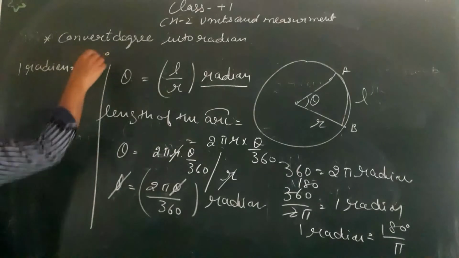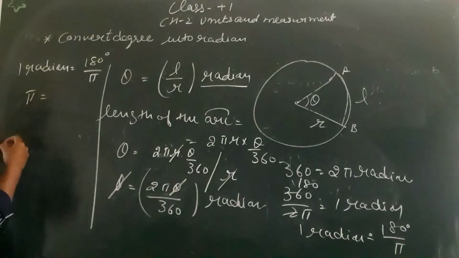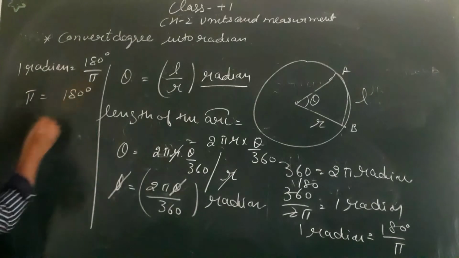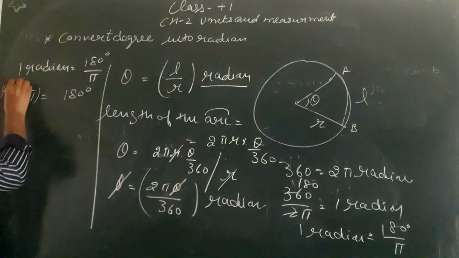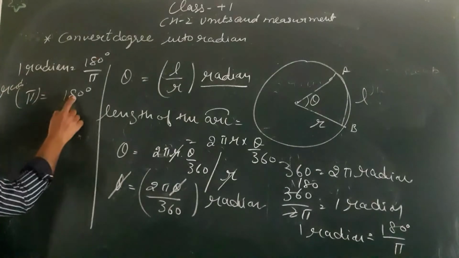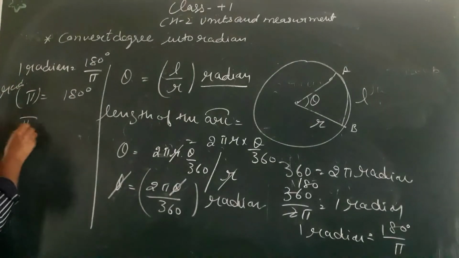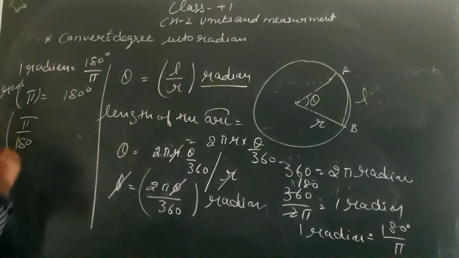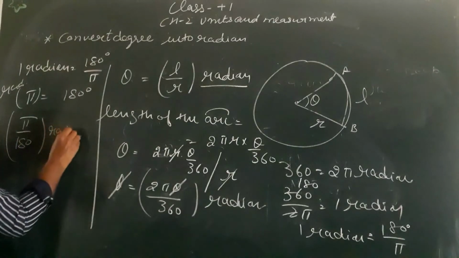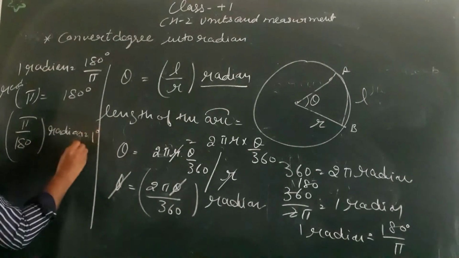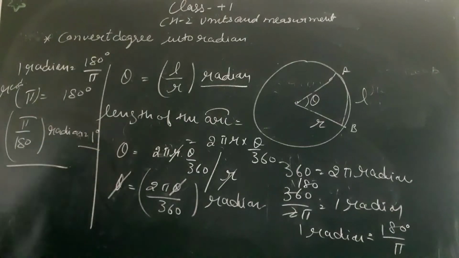So if we want to find the degree, pi comes to that side, that is 180 degree is pi radian, and that 180 came downside, so pi by 180 radian is equal to 1 degree. So this is the relation between the radian and degree.